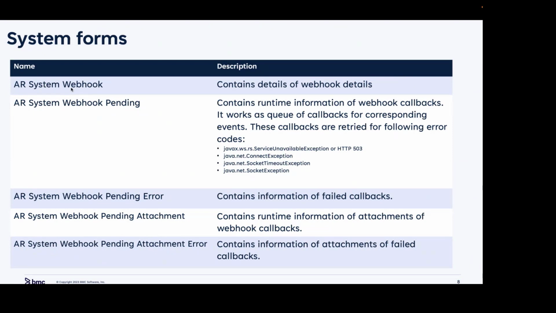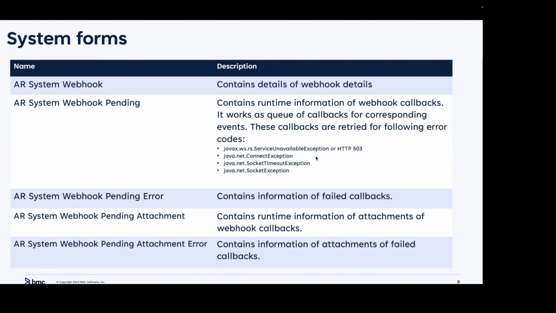That filter creates an entry in the AR System Webhook Pending form and also sends a JMS message to the webhook subsystem to act upon. This pending form contains all the callbacks to be processed and currently being processed.